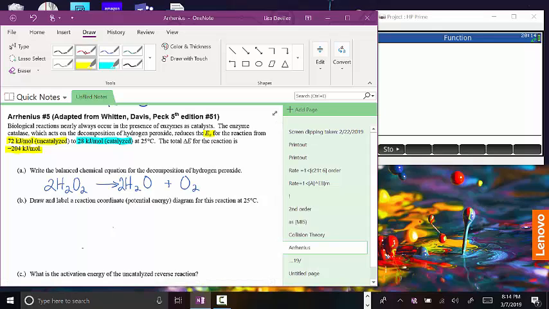So I'm going to use that fact first, and that we know it's going to be exothermic. So my reactants could be up here, right, and my products are going to be down here somewhere. And so we know that difference is 204.